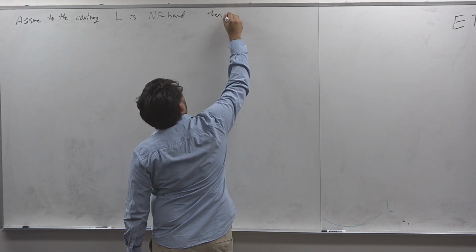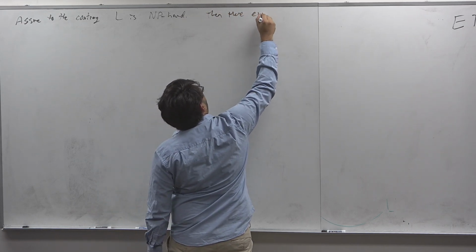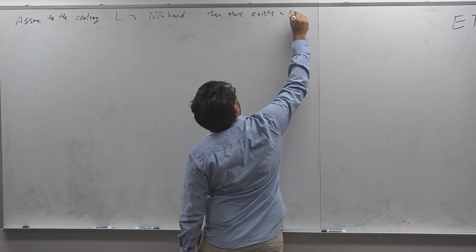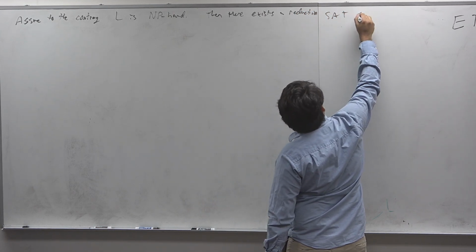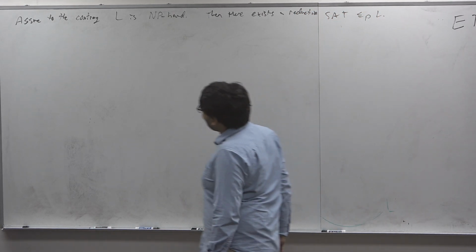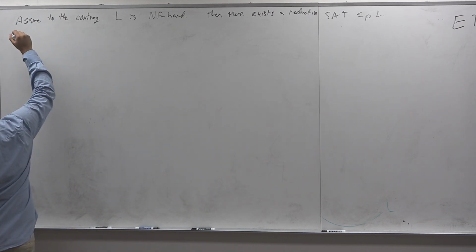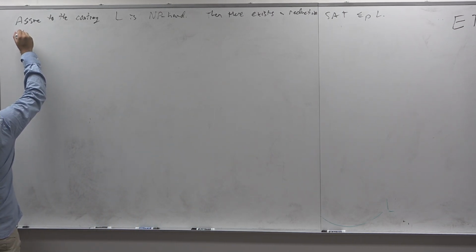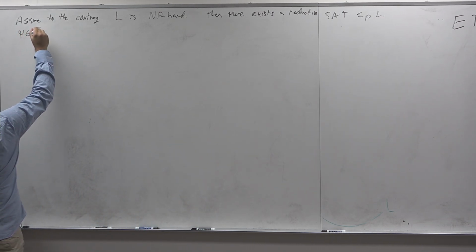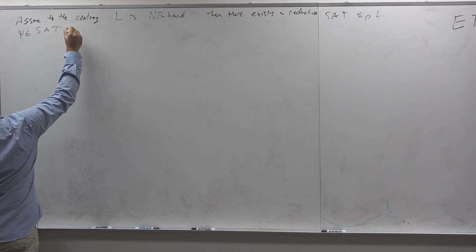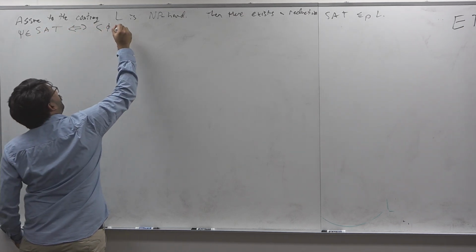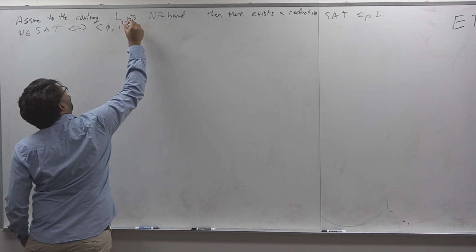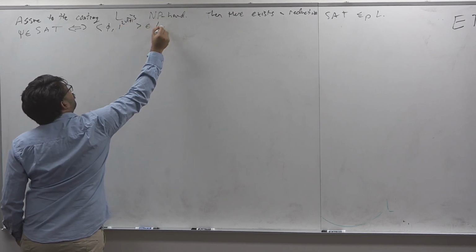Then there exists a reduction from SAT to L, such that psi is in SAT if and only if phi comma 1 to the 2 to the square root of the size of phi is in L. Okay.